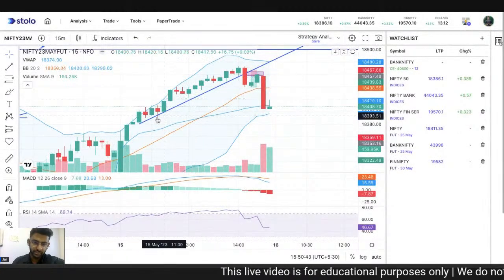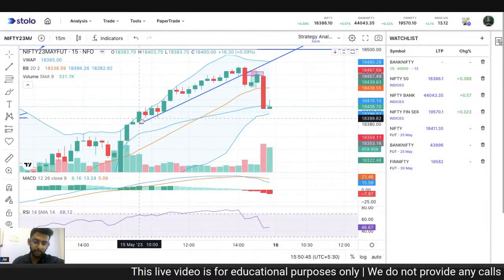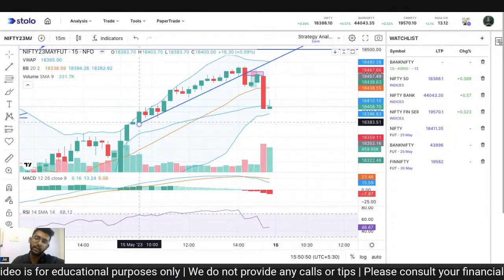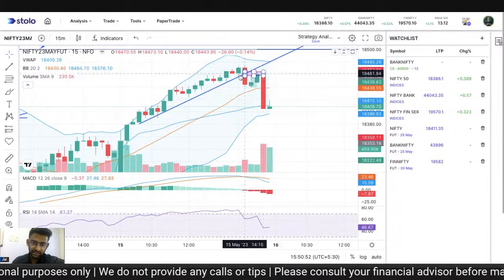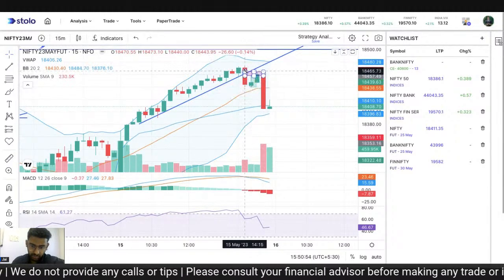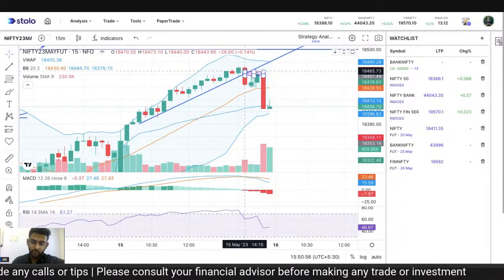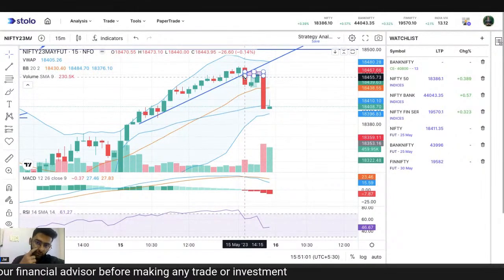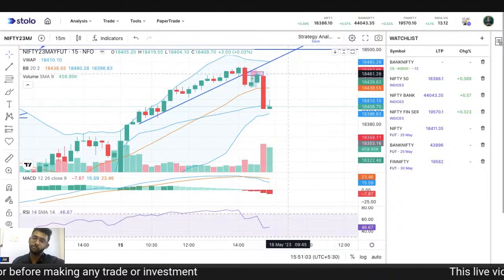As you see here, there's a good trend line forming from morning 10, right? It was a very upward movement itself, and this trend line was broken at around 2:15, right? It broke the trend line, saying that it was going towards a downward movement, right?